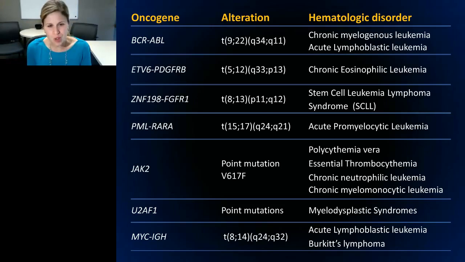This is just a short list of some of the molecules we can test for now to determine if any patient has some of these alterations and personalize their medicine. The disorder is listed on the right, the alteration is in the middle, and the fusion gene, or the altered gene, is present here on the left as an oncogene.